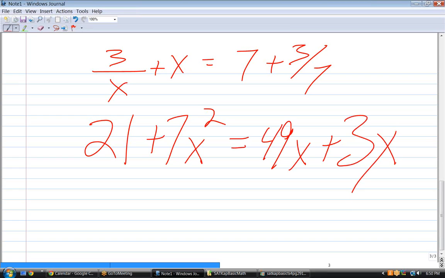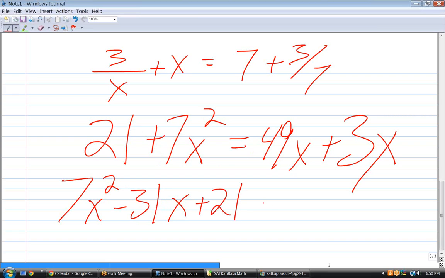Now, notice how complicated that is going to be to solve. It's 7x squared minus 28x, whoops, excuse me, minus 31x plus 21 equals 0.